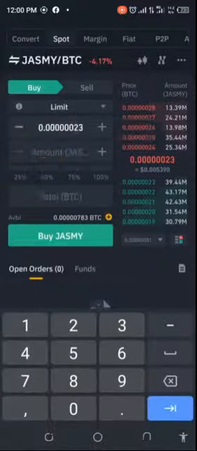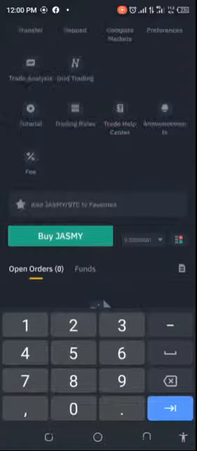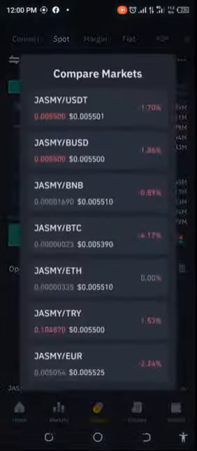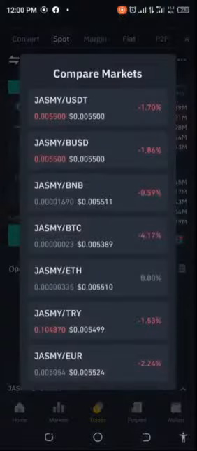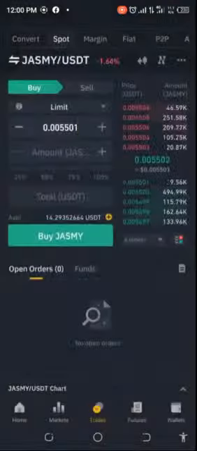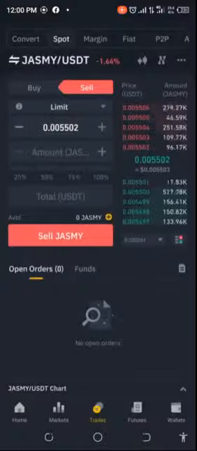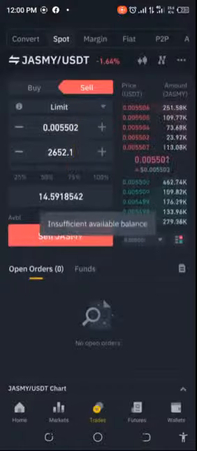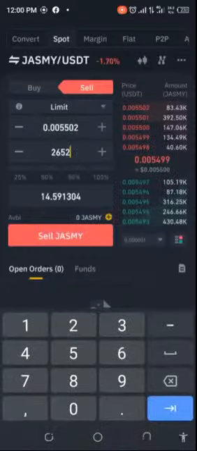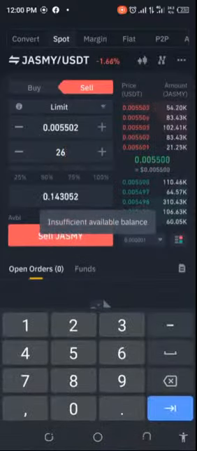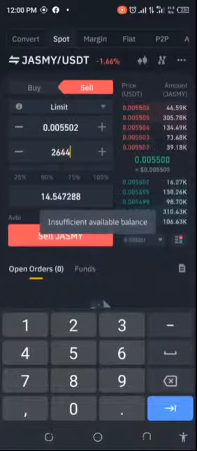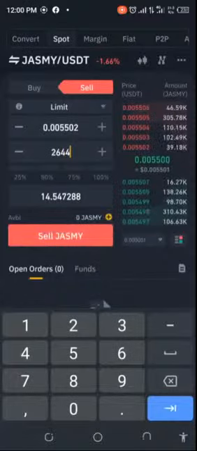In this simulation, we have to make sure that whatever we get is as close as possible to what we want. Then we're going to try and sell back to USDT just to be sure that we have profit here. I can see that we have profit, but like I told you, charges will be removed. So let me make this 4. Okay, we still have profit. Let's go ahead and try this out.